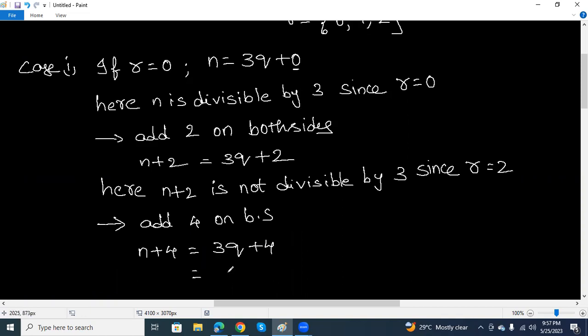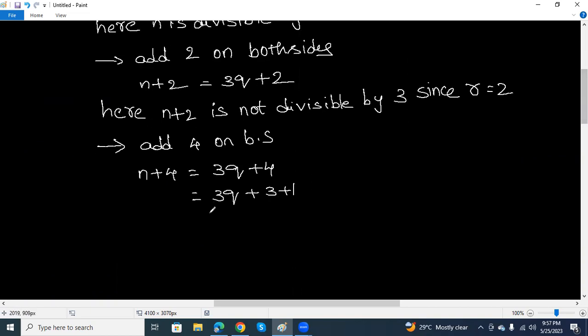See, when we want to take out a 3 as a common factor, we can split this into 3 plus 1 form, right? So taking 3 common, it is q plus 1 plus 1. So this is again 3m plus 1, which means you are getting a remainder 1.